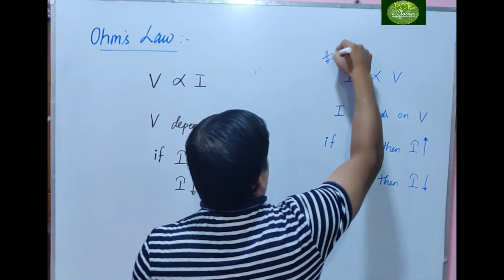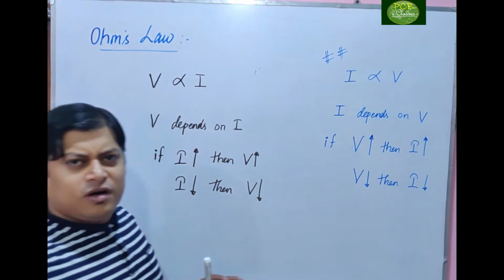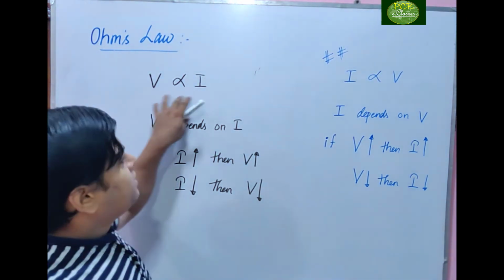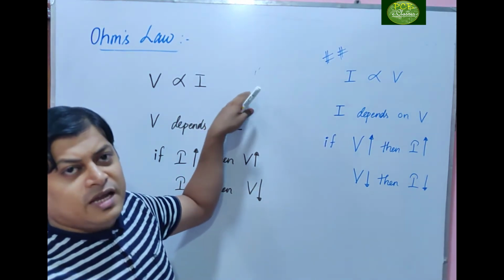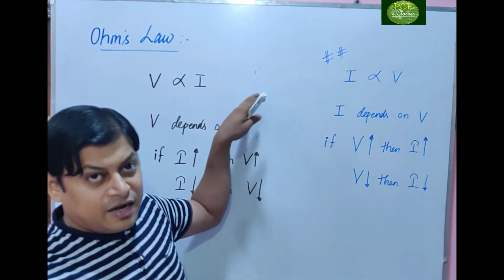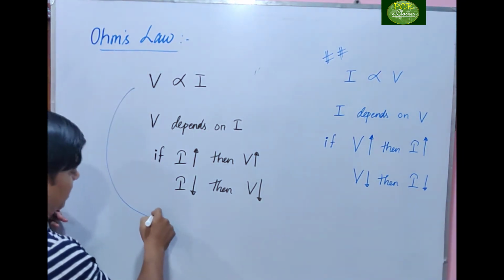This will be treated as Ohm's law, whereas in different books it is written that V is proportional to I. This is also taken for granted as correct. Why? Because after the mathematical expression, what am I getting here?